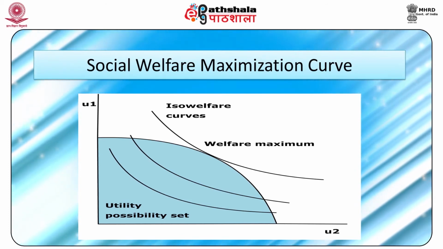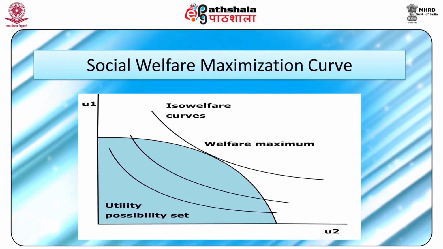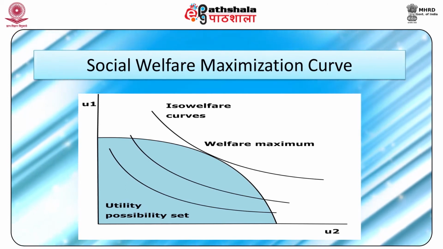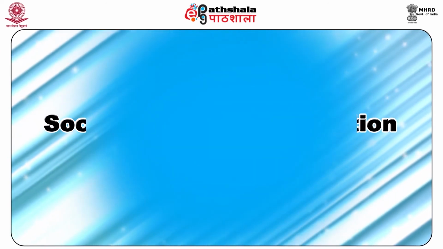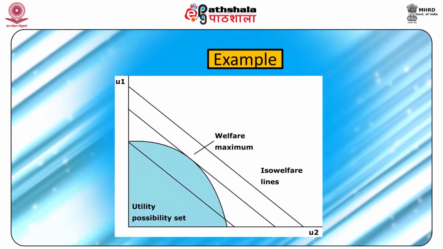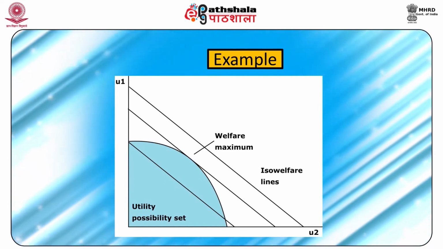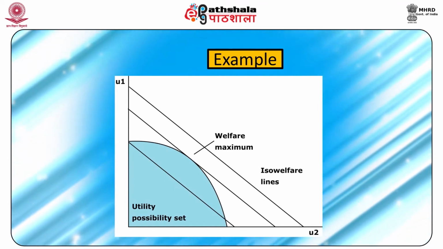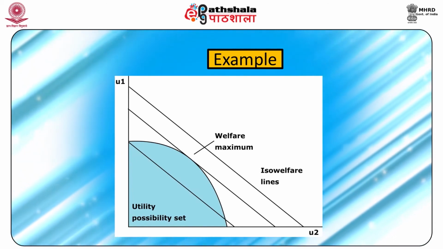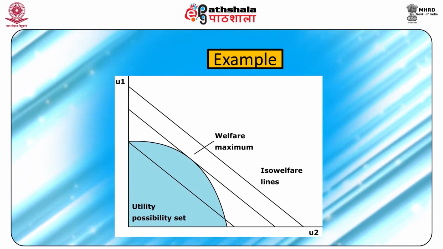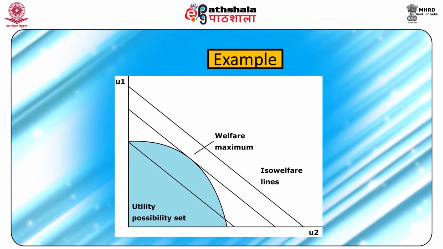An example is given in figure 6.2. Social welfare maximization. In figure 6.2, we have taken a Pareto efficient allocation and found a set of iso-welfare curves for which it yields maximal welfare.